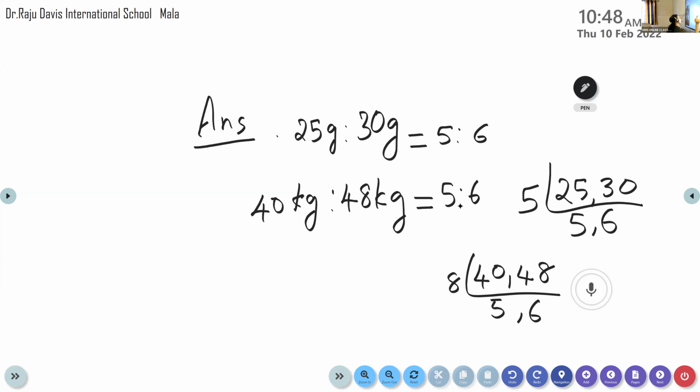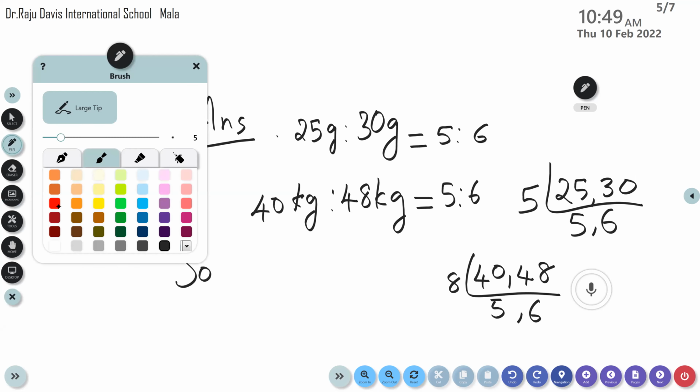Yes, children? And they are equal. So 25 gram is to 30 gram is equal to 5:6. 40 kilogram is to 48 kilogram is also equal to 5:6. So these two are equal. If they are equal, they are in proportion.